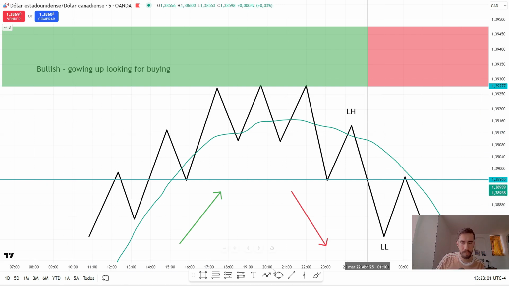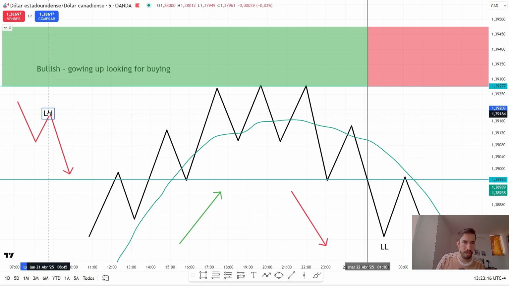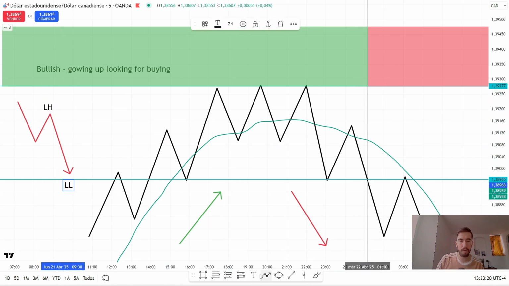Because it's coming like this. This is the lower high. This is the lower low.